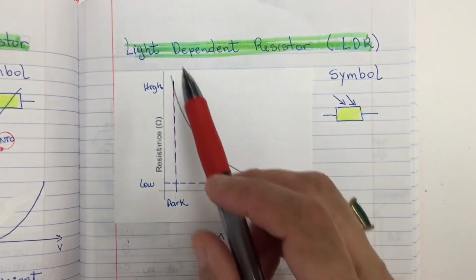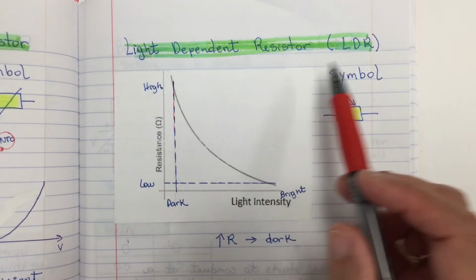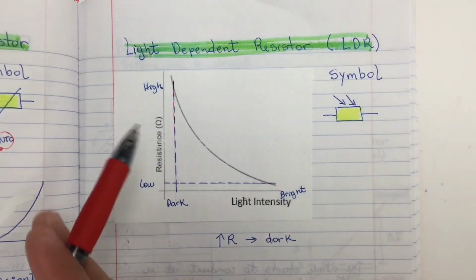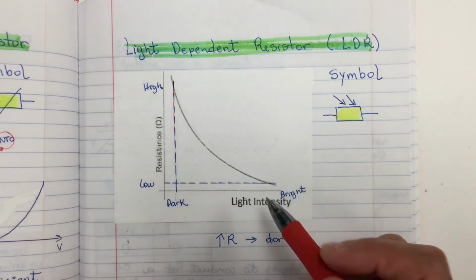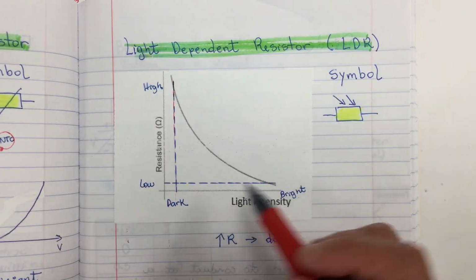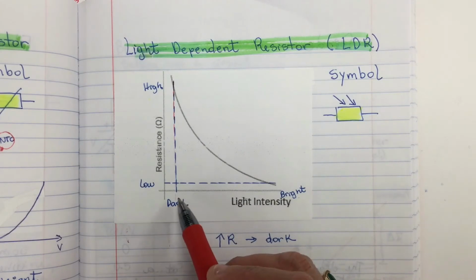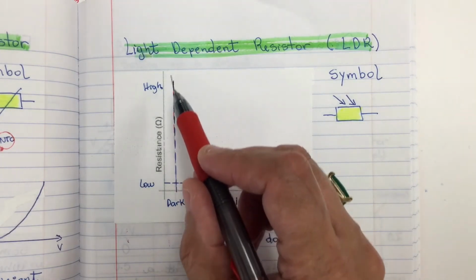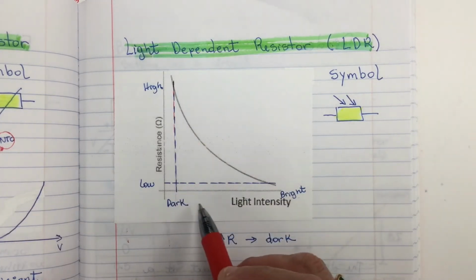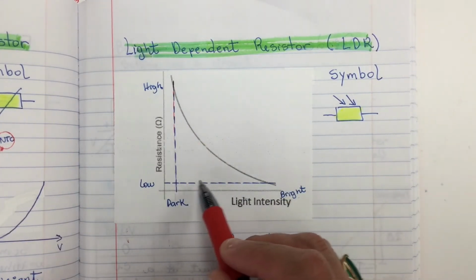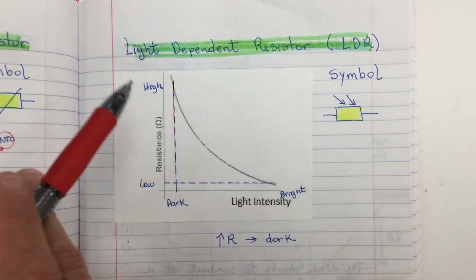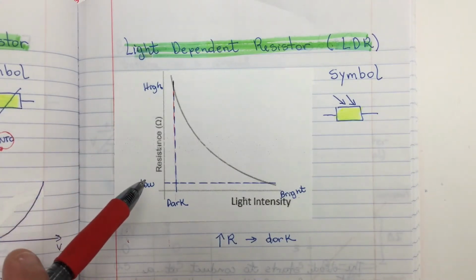This is the graph for the light-dependent resistor, or LDR, showing the relationship between the resistance and the light intensity. As you see here, if it's dark, the resistance is high. If the light is getting brighter, the resistance is low.